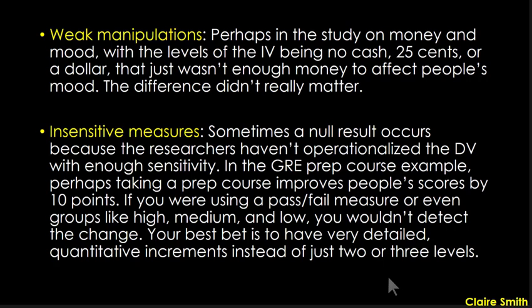So we can have weak manipulations and insensitive measures. Instead of the manipulation not being good enough, maybe the way the dependent variable was operationalized wasn't sensitive enough. So if you're doing a prep course, taking a prep course improves scores by 10 points. But if you're looking at low score, medium score, high score, the way you're operationalizing the score on the GRE, even though 10 points is enough of a change to be important, maybe your boundaries for low, medium, and high scores mean that 10 points doesn't make a big difference.